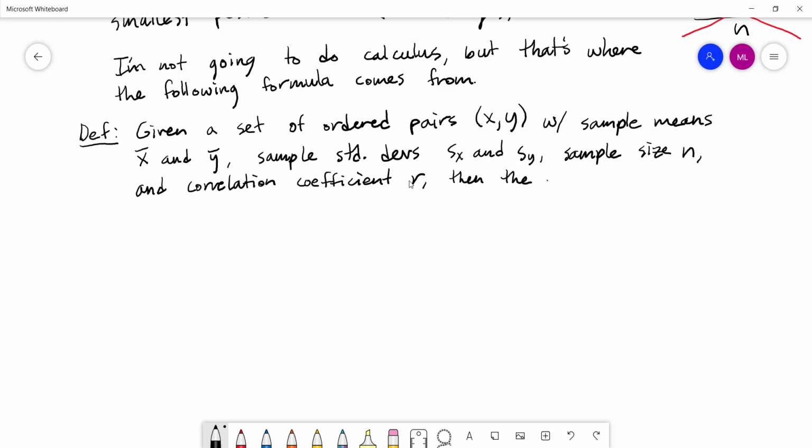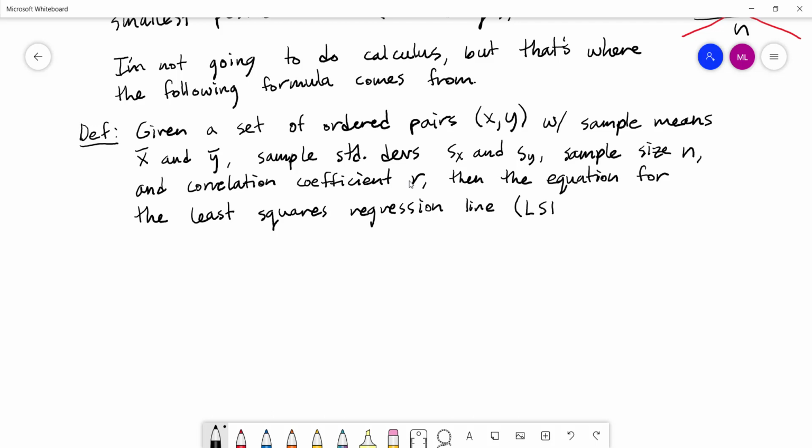then the equation for the least squares regression line is the following. And maybe I'll start abbreviating this as least squares regression line.